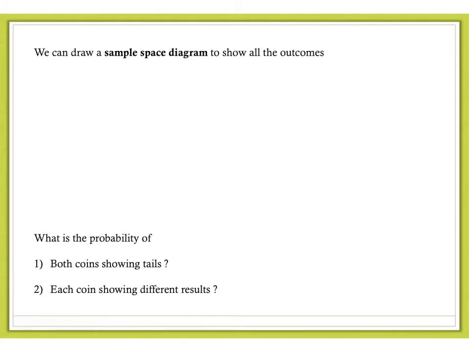We can draw a sample space diagram to show all of the possible outcomes. So I can set this up as a grid. This represents what comes up on coin 1, which could be heads or tails.